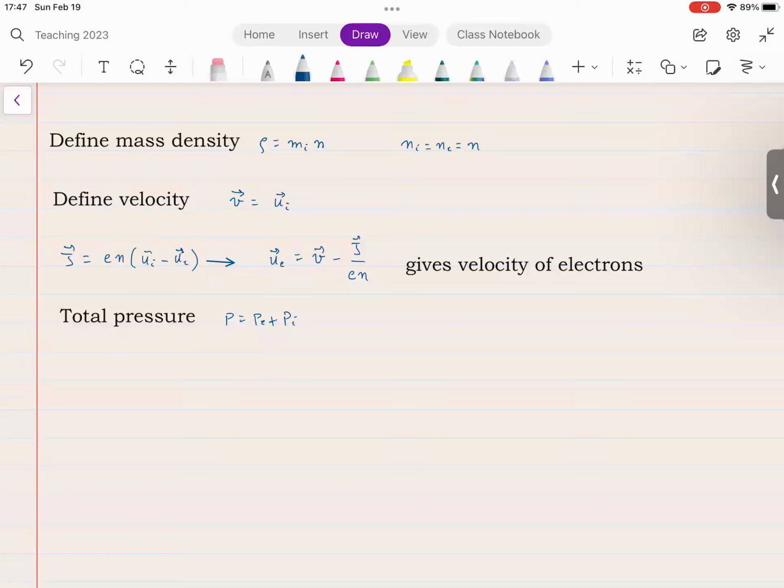Then I can look at the mass conservation for ions, and that's pretty much the mass conservation for the whole plasma.